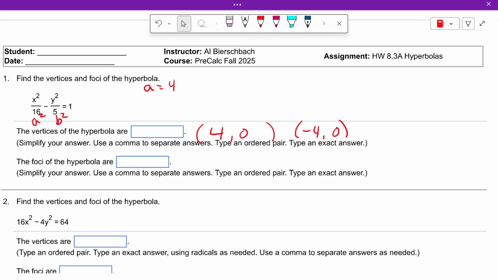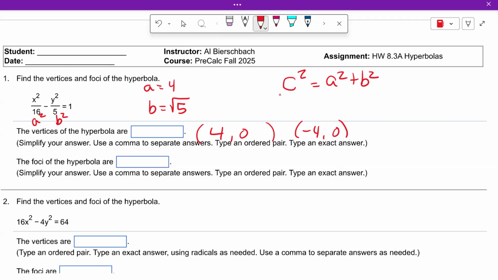So a would be 4, b would be the square root of 5. And then you know that c squared equals a squared plus b squared. So the vertices are at (4, 0) and (-4, 0).